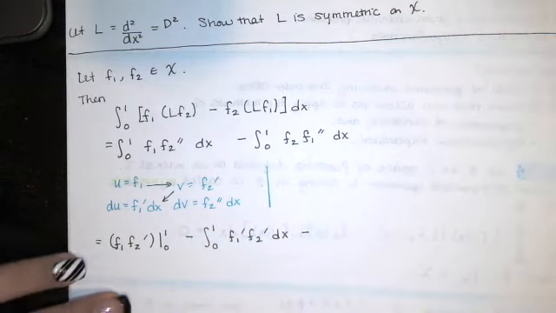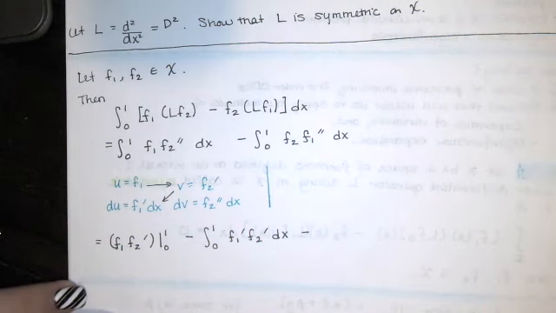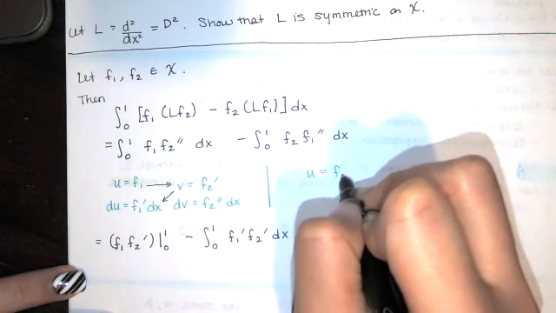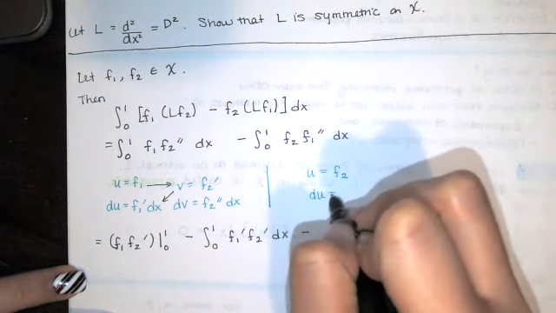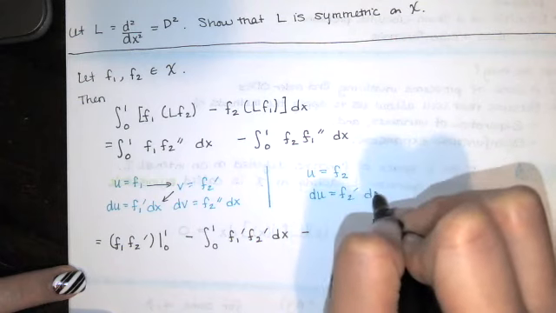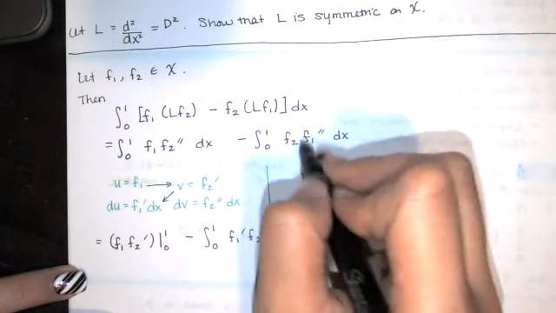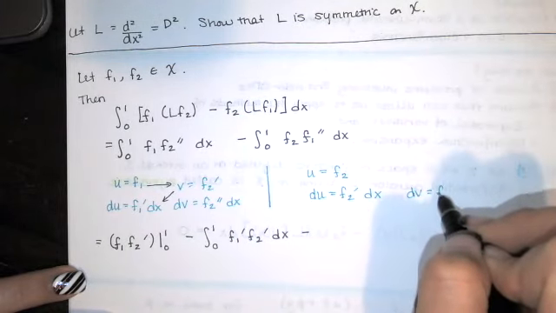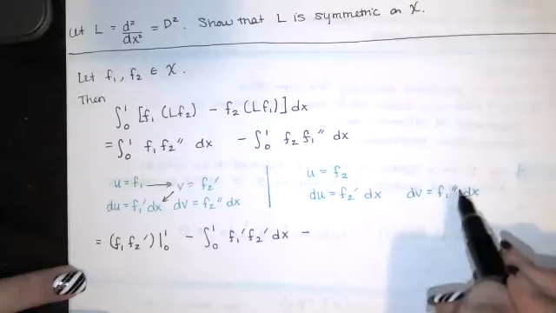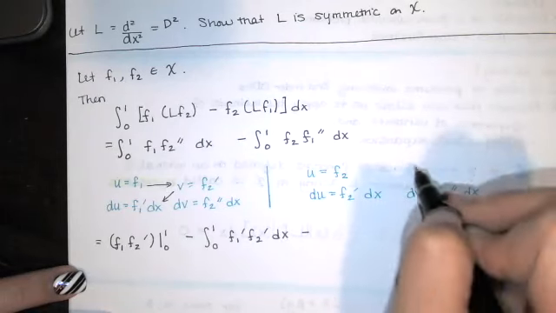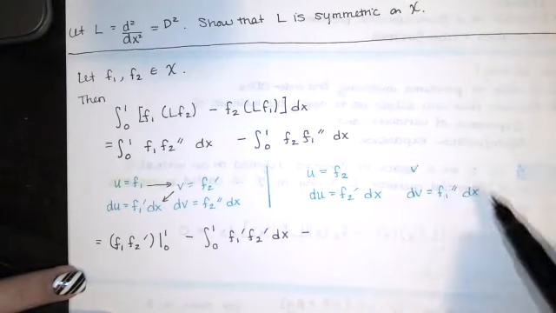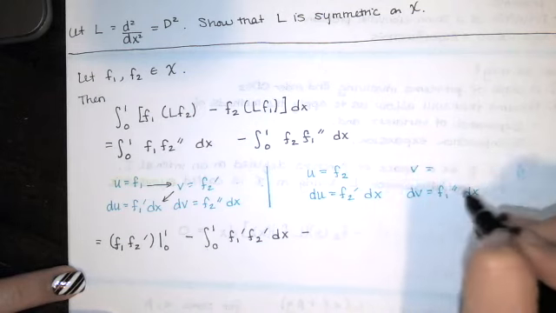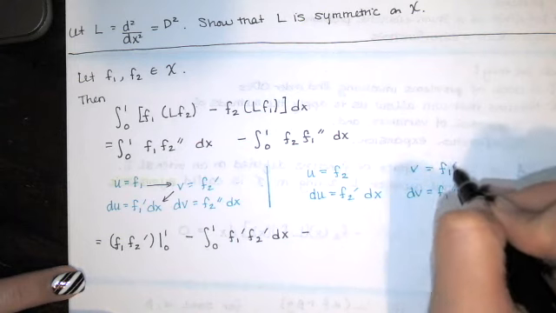Minus, okay, over here we're going to do the same thing. It's very simple. U is equal to f2, du is equal to f sub 2 prime times dx. Again, we're taking that one to be u and dv to be f sub 1 double prime, because in order to get v, we need to anti-differentiate. It's easiest to anti-differentiate when you're already starting with a derivative of something. So we'll take the antiderivative of the second derivative and we get the first derivative.